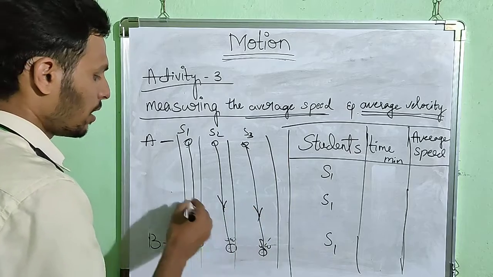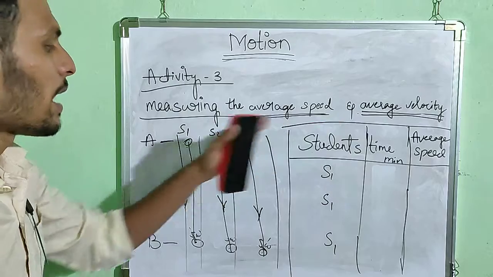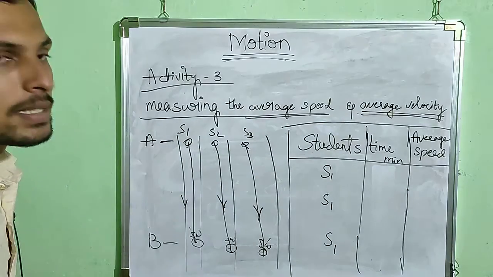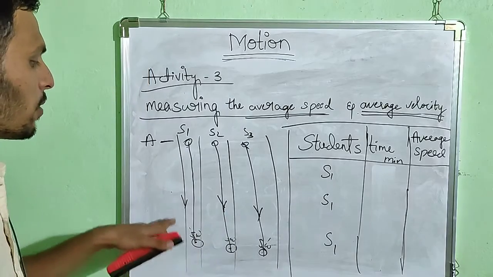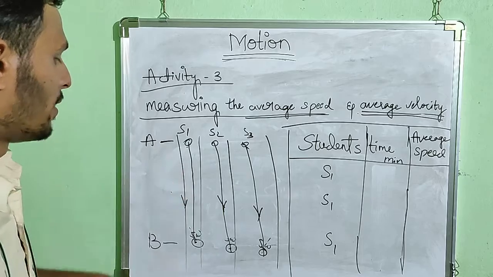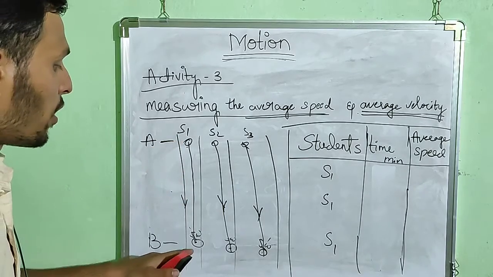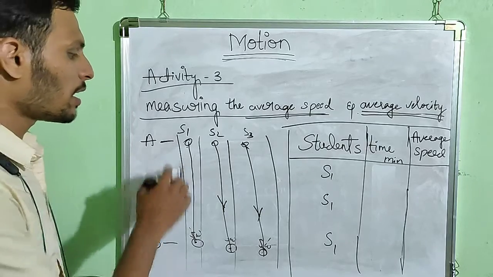So velocity has direction, and they have displacement, the shortest distance between the initial point and final point.